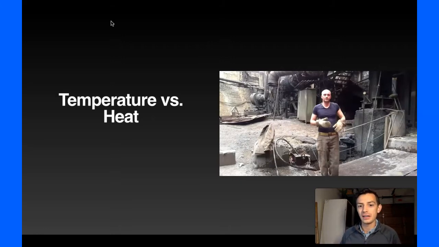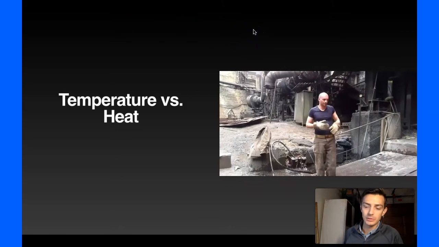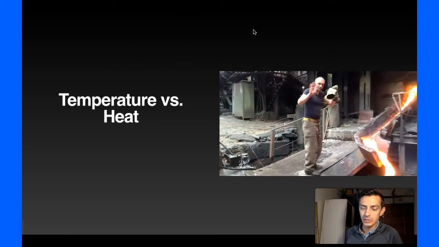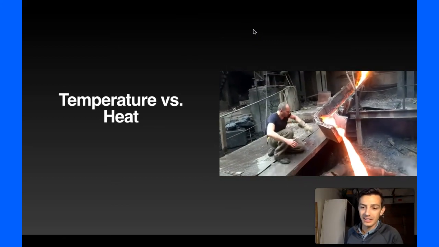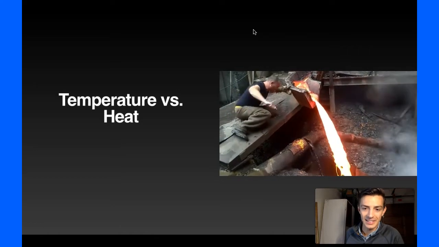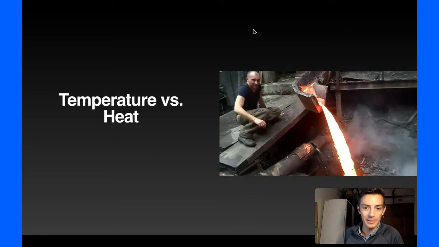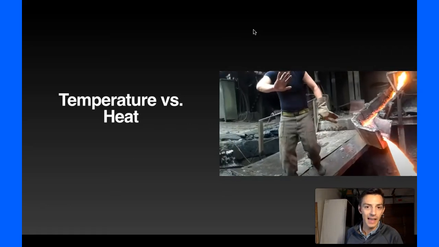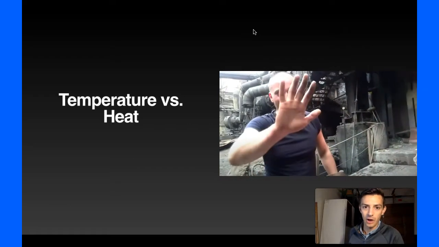So one example I like to show students is this gentleman here who, as you'll see in the video, is able to manipulate the effects of heat and temperature to still be able to amazingly slap molten rock.